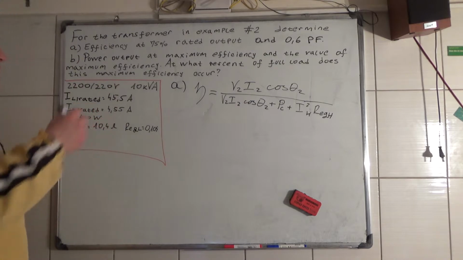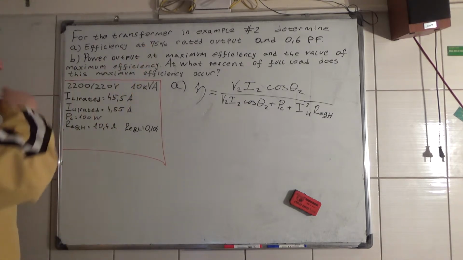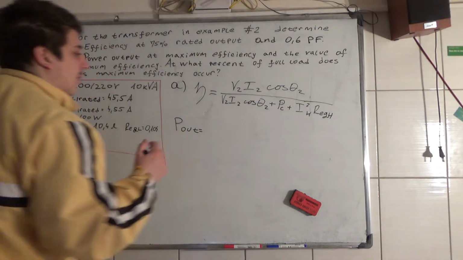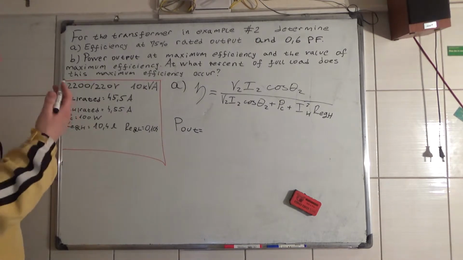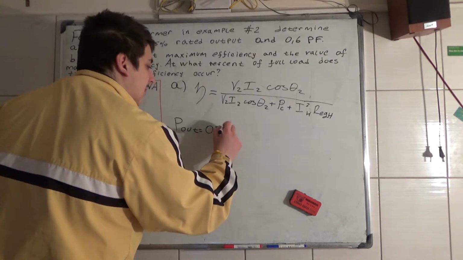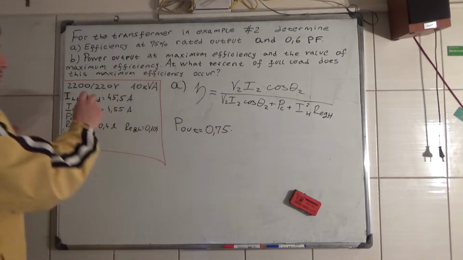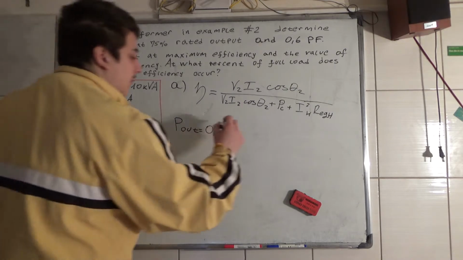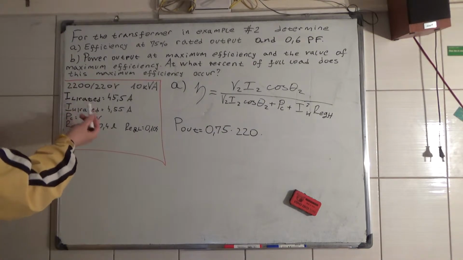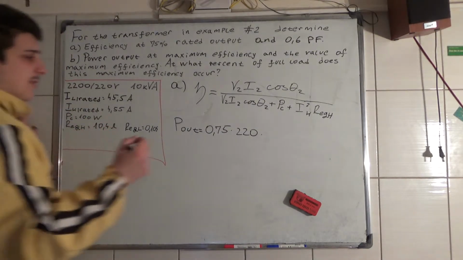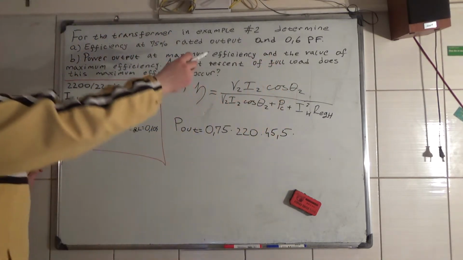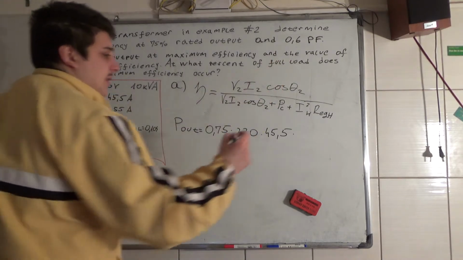But it says that we are using 75% of it, so the output power is 0.75 times V2, 220 volts, times I2, the rated current, 45.5, times the power factor, cosine theta 2, which is 0.6.